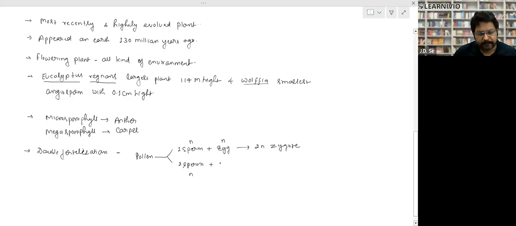It fuses with the central cell. Central cell has already two nuclei. So fusion of three nuclei takes place, and triploid endosperm formation takes place. So here the fertilization takes place at two places. That's why it is called double fertilization. Please note it down.